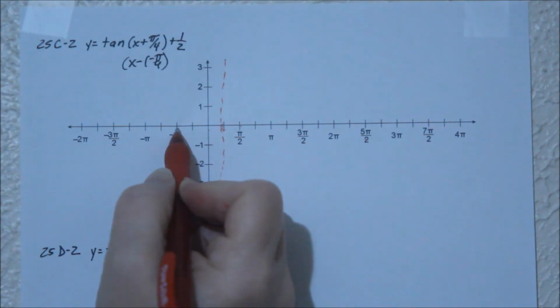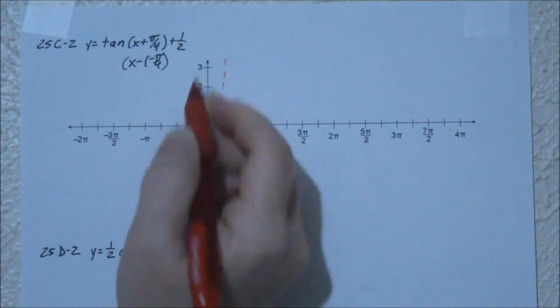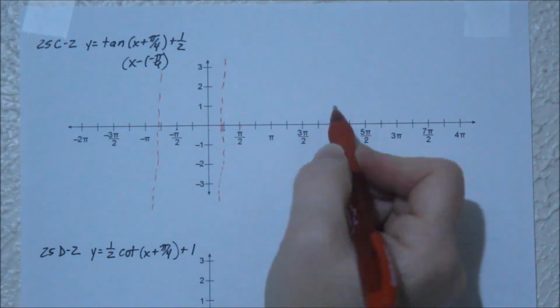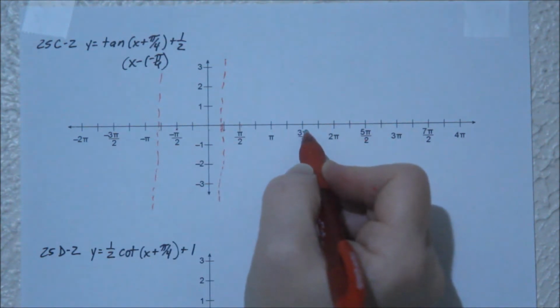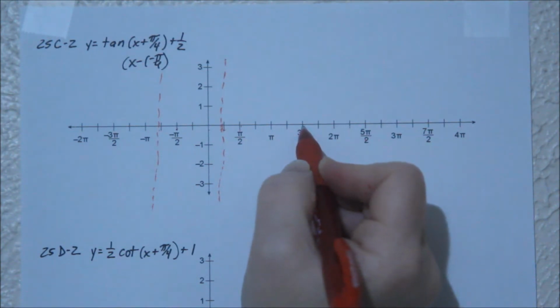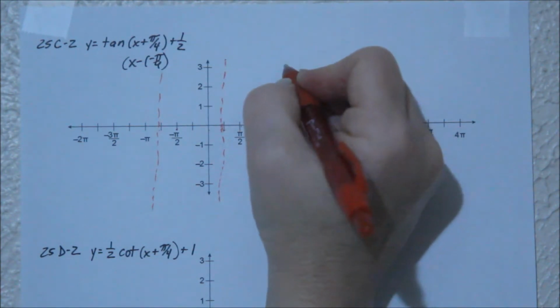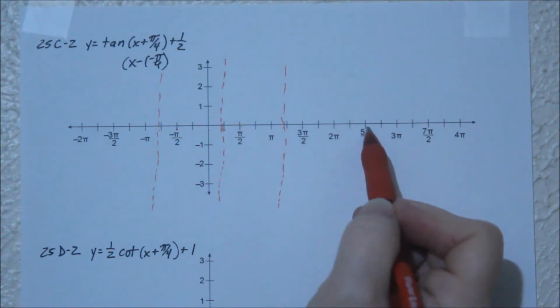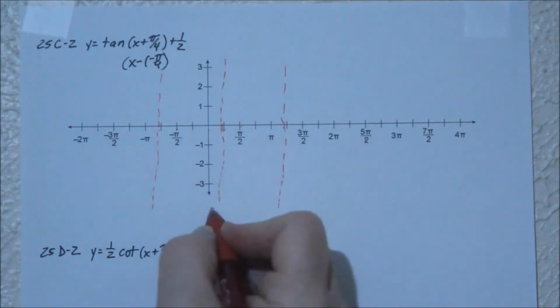Pi over 4 is one tick mark, so one tick mark to the left puts me right there. Okay, let's go over here at 3 pi over 2. This would be where my original asymptote is for basic tangent, but I need to go to the left one tick mark, which is left, pi over 4. So that would be there. And you can go on to do one more cycle if you want, but I'm just going to do these two right here.